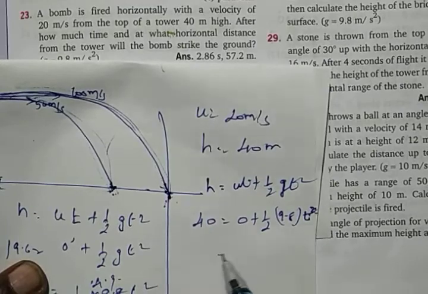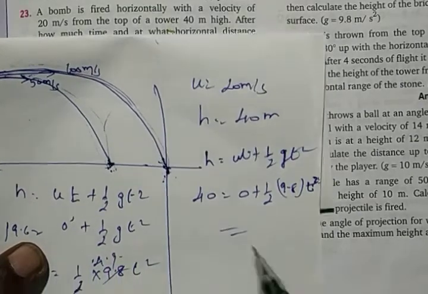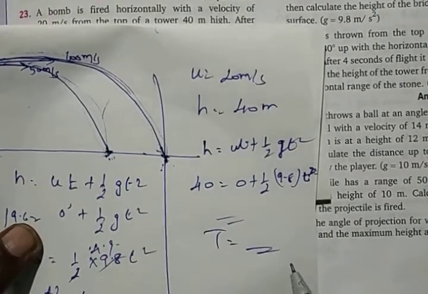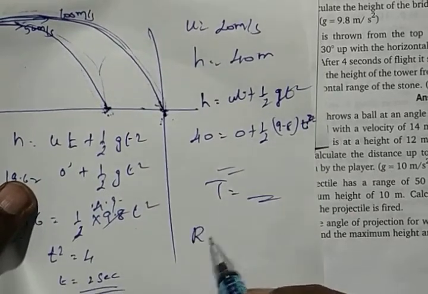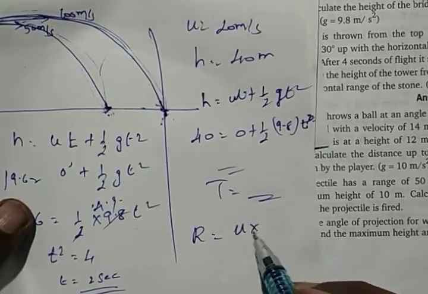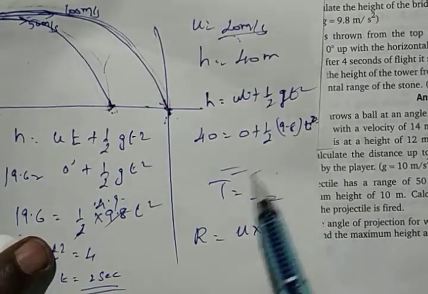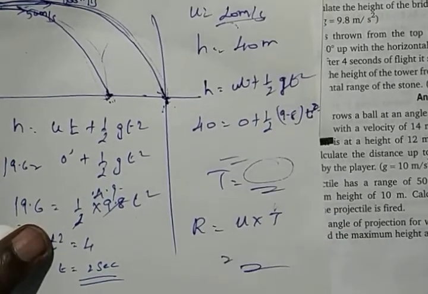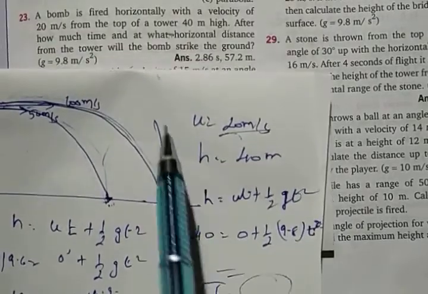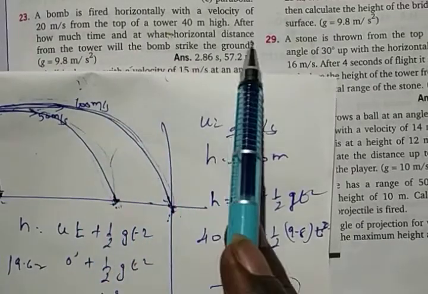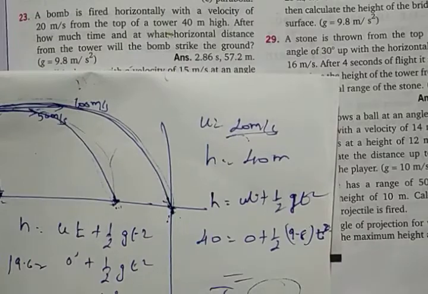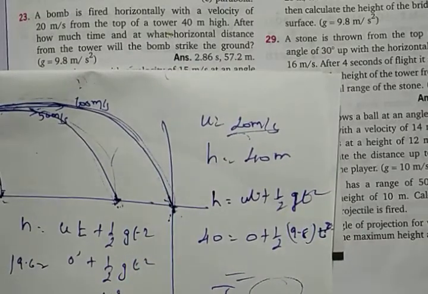You need to do this one and you will get the answer. Once you get t, then range is equal to u into t. What is u? 20. T, whatever you find out, you can find out the range. That is the horizontal distance traveled. What does horizontal distance mean? The range. Okay, so please do this as homework.